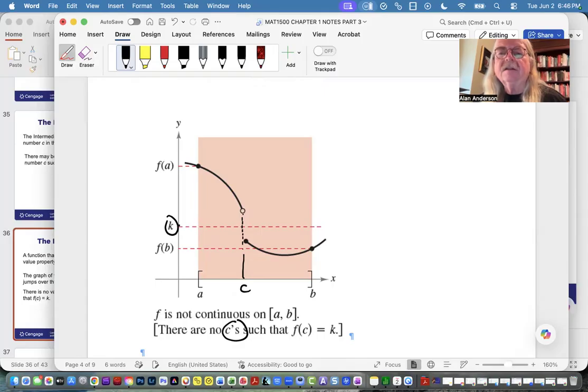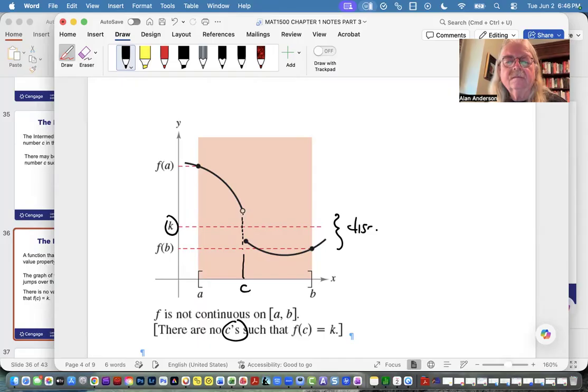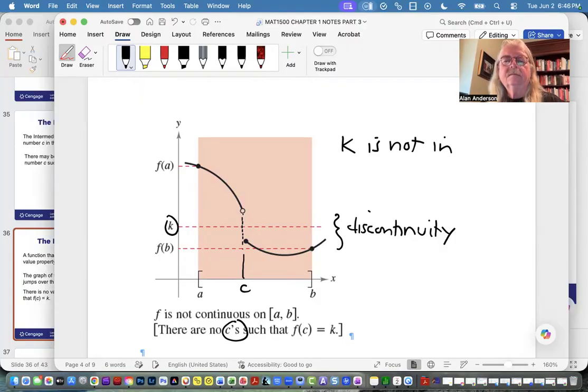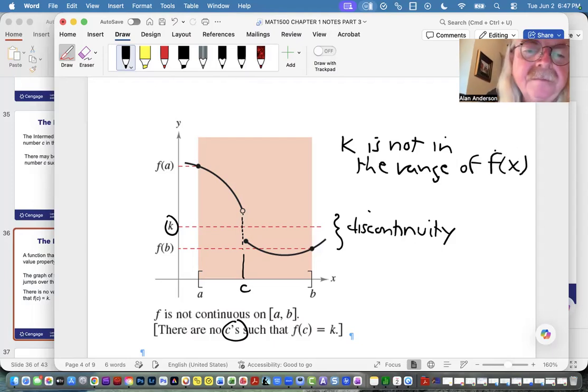It's sitting there like an orphan, all by itself. It doesn't belong to any of the X's. And that's because of this discontinuity. So like I said before, something is left out basically. The K is not part of the range.